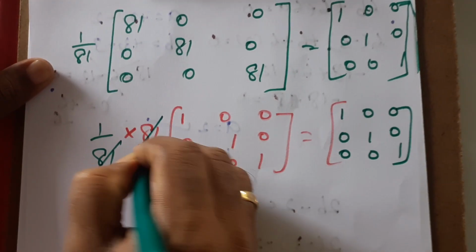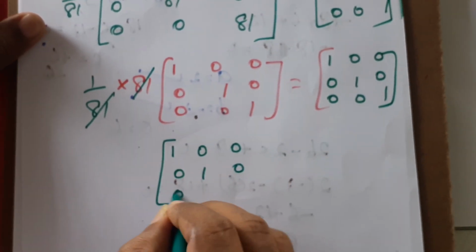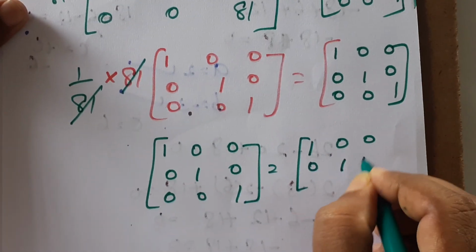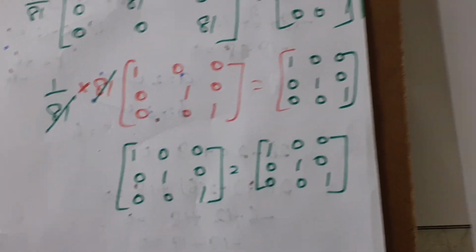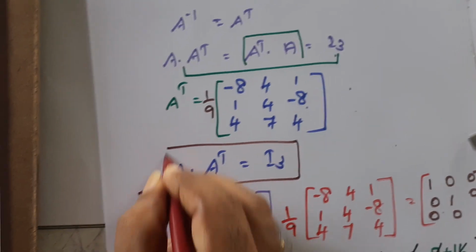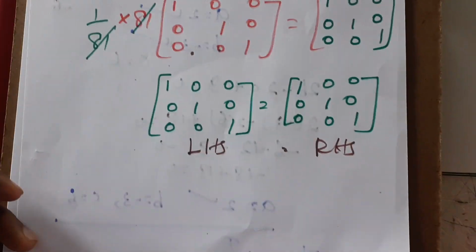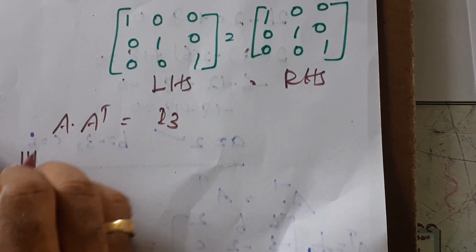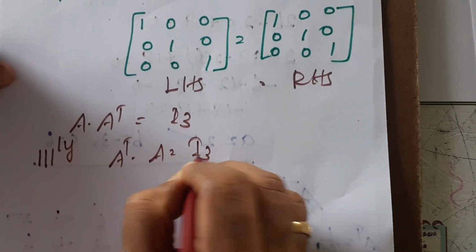So after the 81 cancellation, this is equal to the identity matrix 1 0 0, 0 1 0, 0 0 1. So check what we needed to prove: A into A power T is equal to I3. Definitely LHS equals RHS. So A into A power T is equal to I3 means similarly A power T into A is also I3.